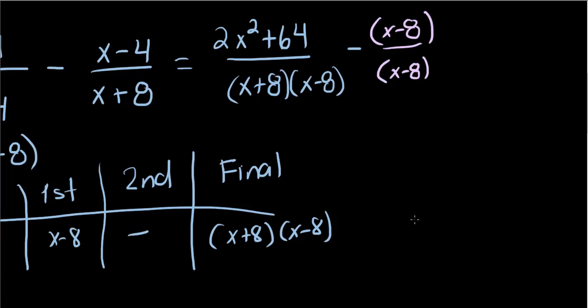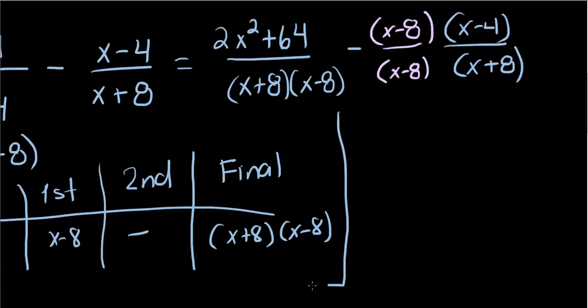And this is times (x minus 4) over (x plus 8). Now remember, this negative sign is affecting every single thing after the sign.